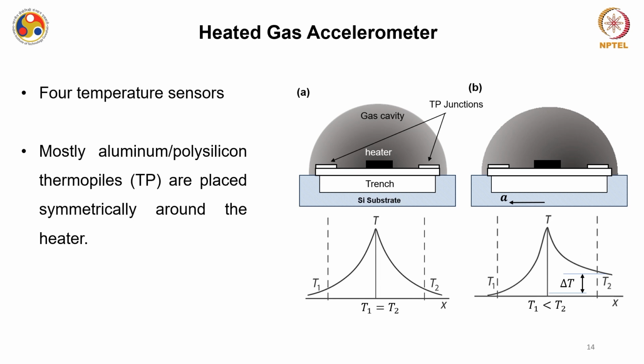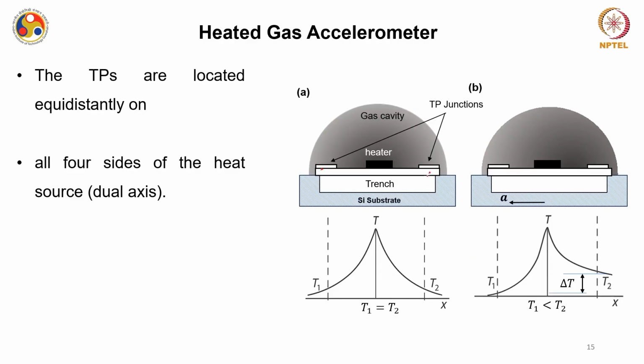So depending on how many axis accelerometer it is, be it single axis, biaxis or triaxial, you have that number of pairs of thermopiles. So if it is a single axis accelerometer, you have a pair of thermopiles, one in this place and another in this place around the heater, placed very symmetrically.